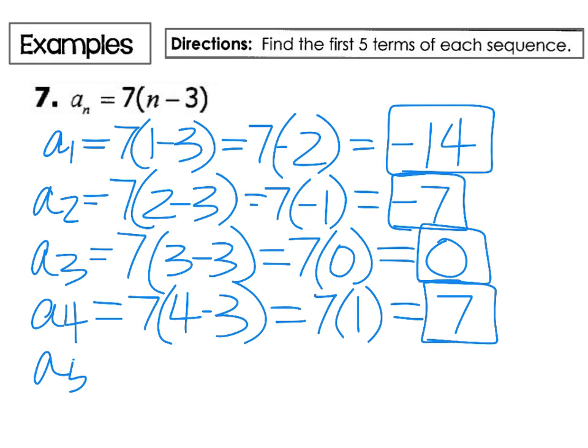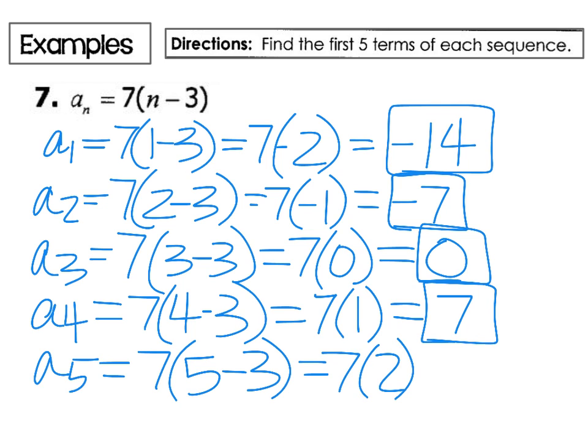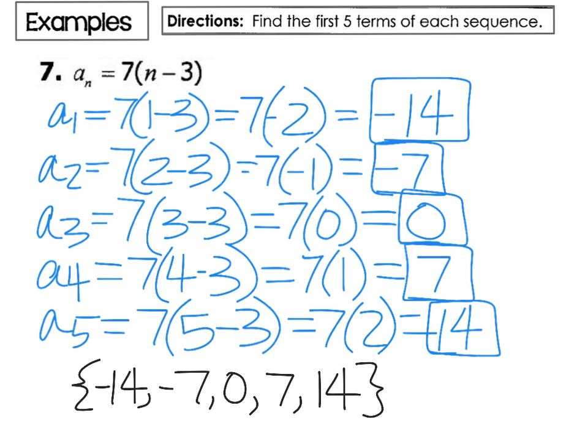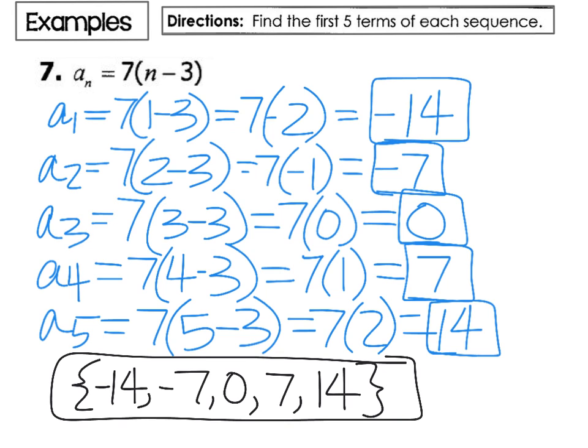And to find the fifth term, we get 7 times n is 5 now. So the fifth term is positive 14. Now we always want to write this as a sequence. All right, so we want to write it in the braces. So the first 5 terms of the sequence would be negative 14, negative 7, 0, 7, and 14. And that would be our final answer.